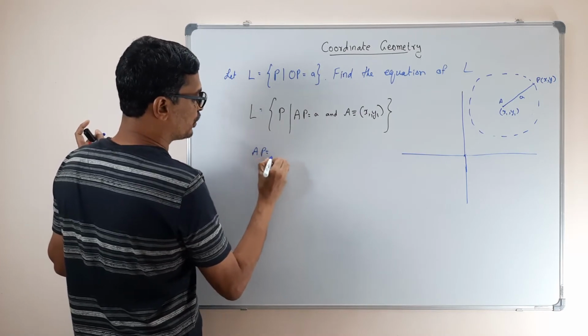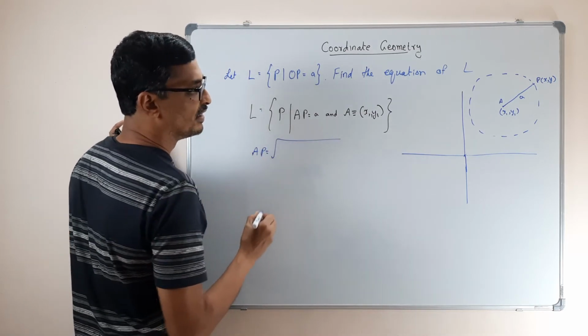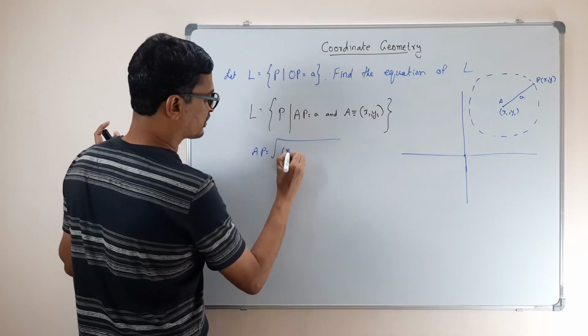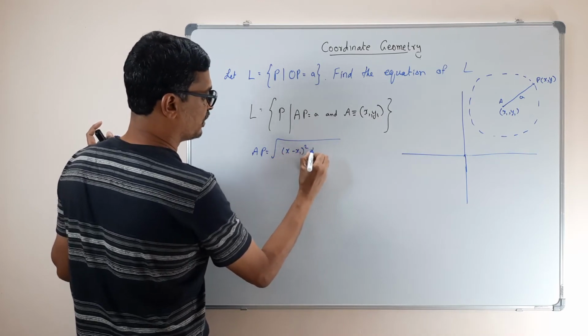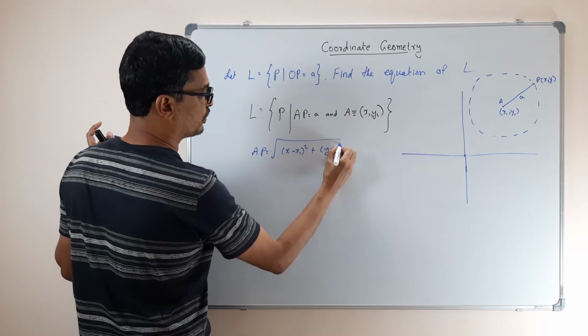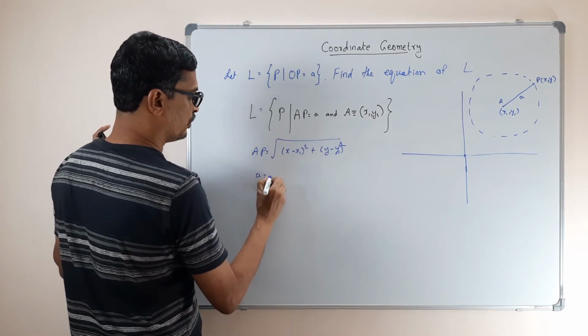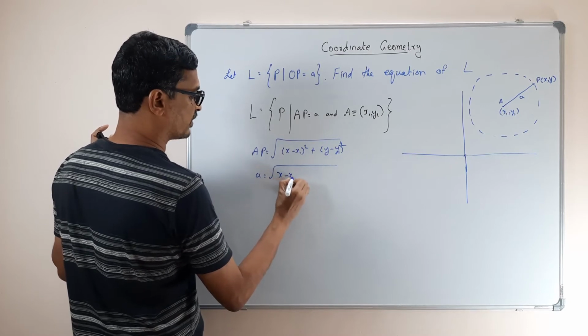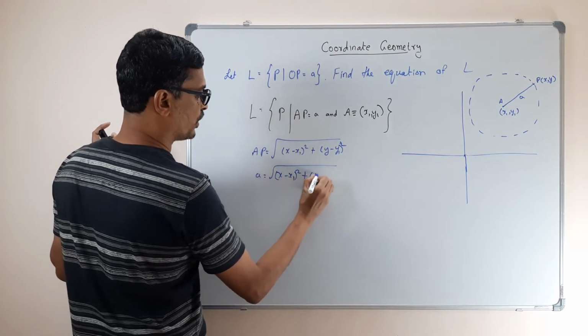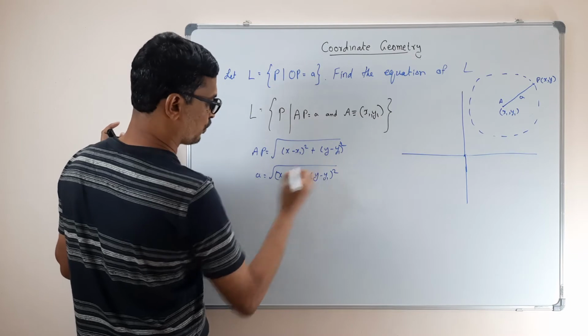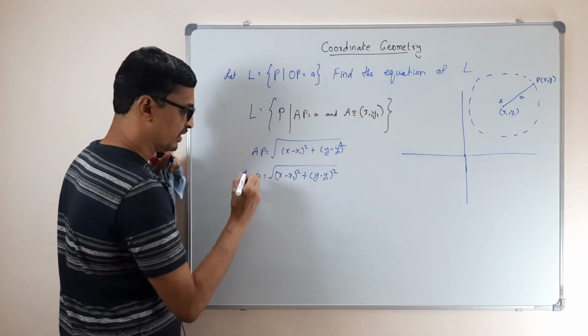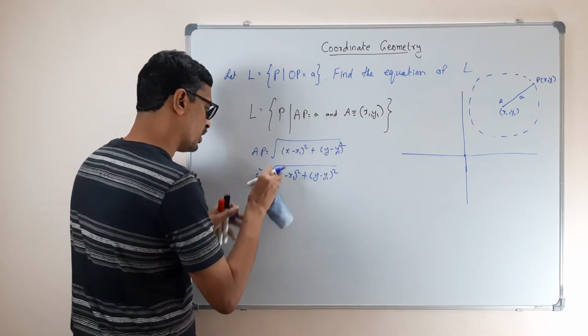Tell me. AP equal to the square root of (x minus x1) whole square plus (y minus y1) whole square. Okay. And AP is A. So A equals the square root of (x minus x1) whole square plus (y minus y1) whole square. If I square both the sides, the square root will go off.